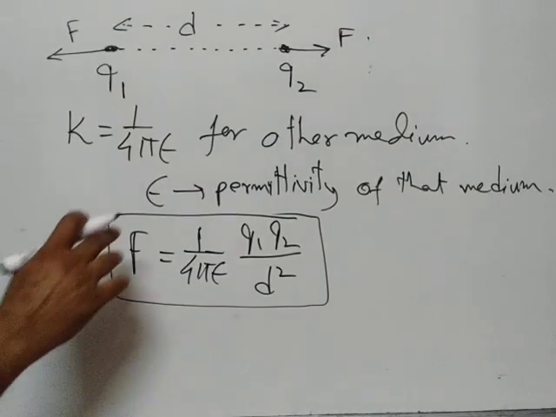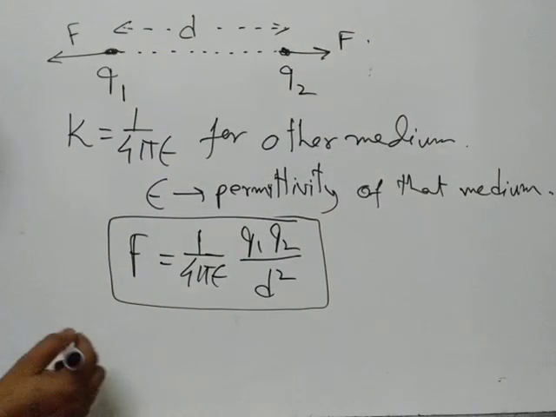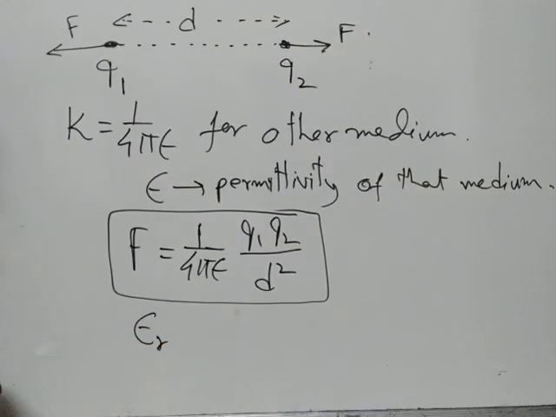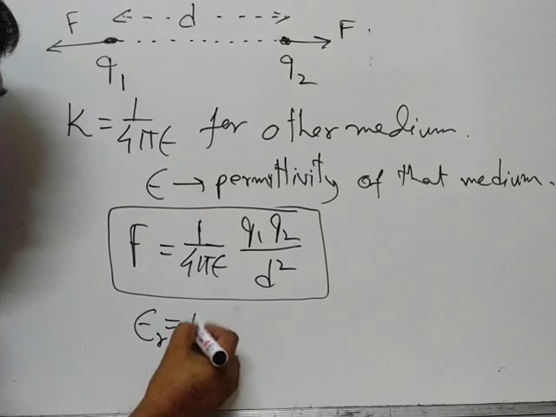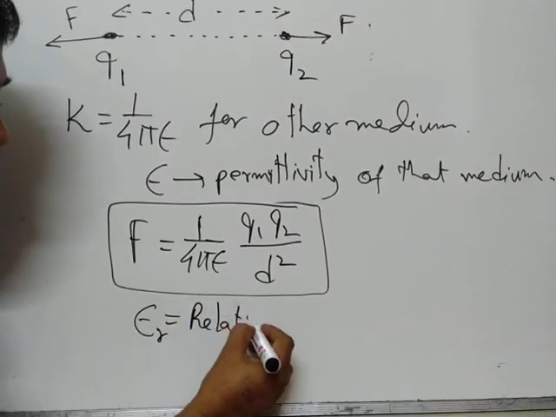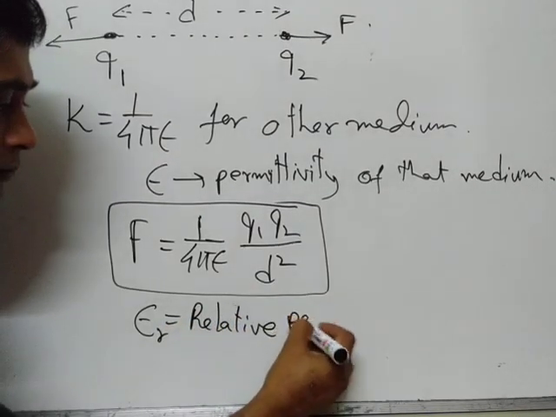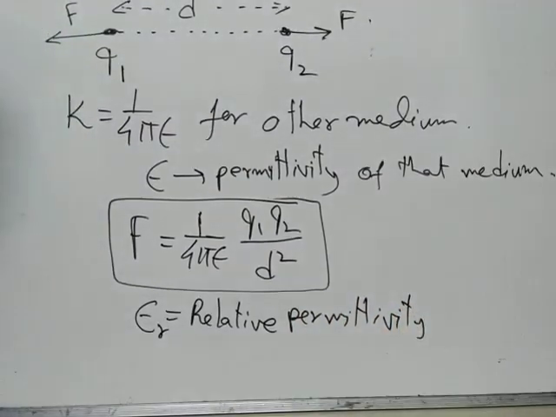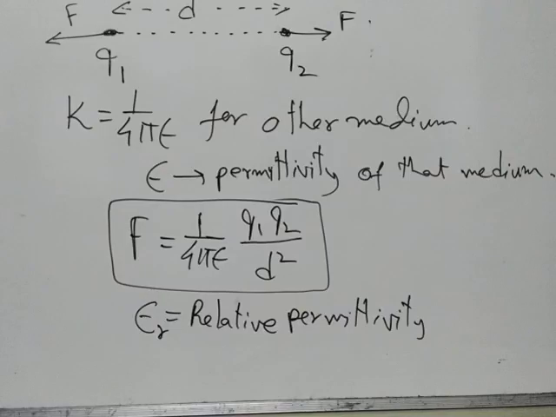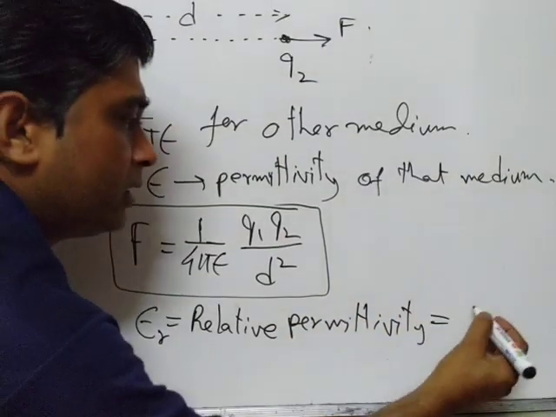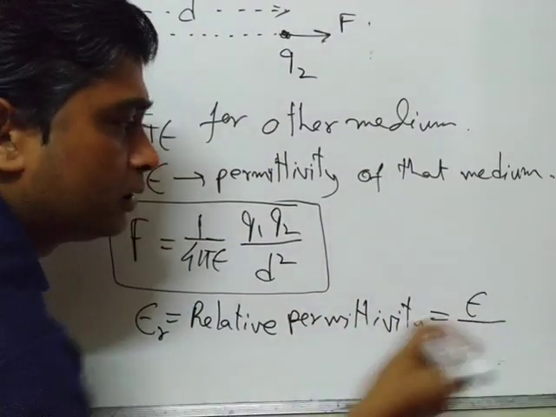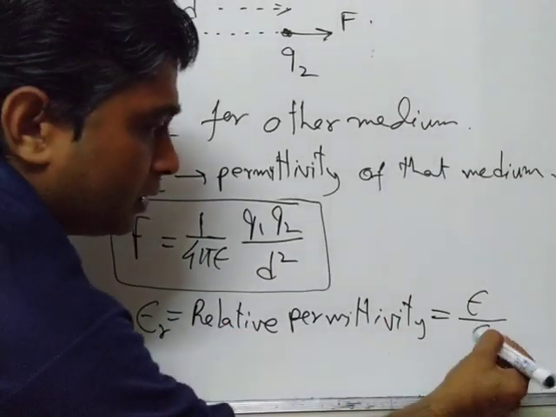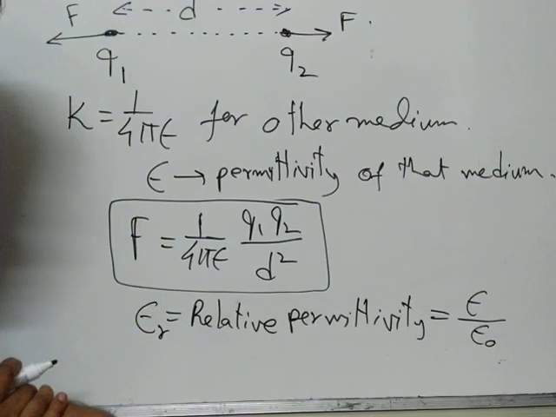Here another term is used which is known as relative permittivity, epsilon r. What is relative permittivity? It is the ratio of permittivity in a medium and the permittivity of free space.